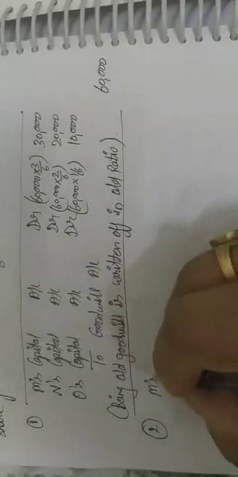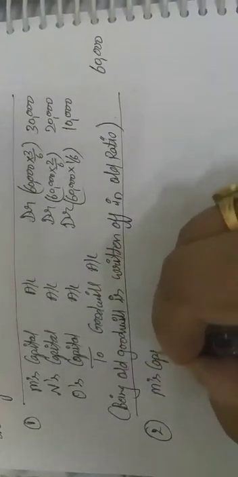Next, the second entry is for the goodwill valued at the time of retirement of N. For the treatment of that goodwill, the gaining partner will debit and the retiring partner will credit. So M's capital account debit, because M is the gainer.